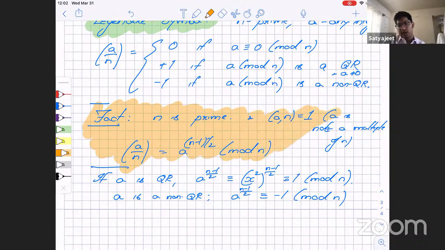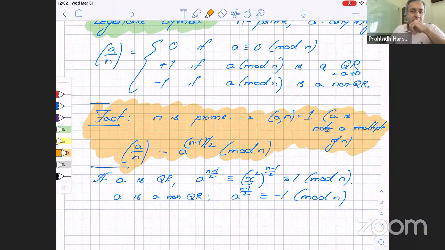In the second case, if a is not a quadratic residue, then why is it that it is minus 1? I haven't proved it, but I want to claim that that is in fact the case. It's not hard to see this. I don't want to get into it because I have more stuff. Is there a quick one-line way of saying this?